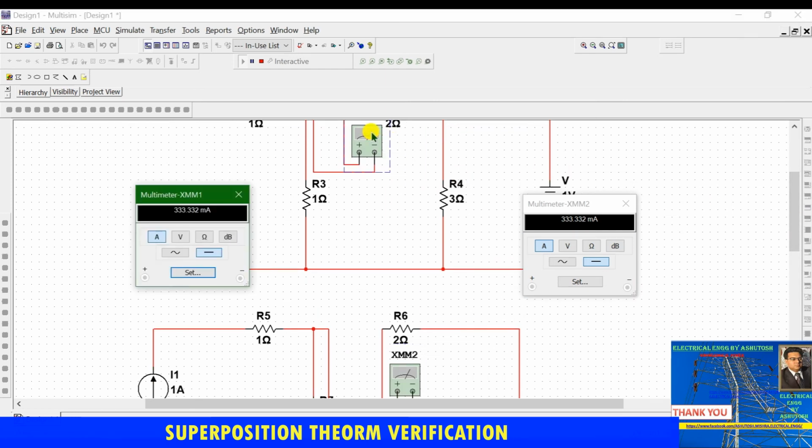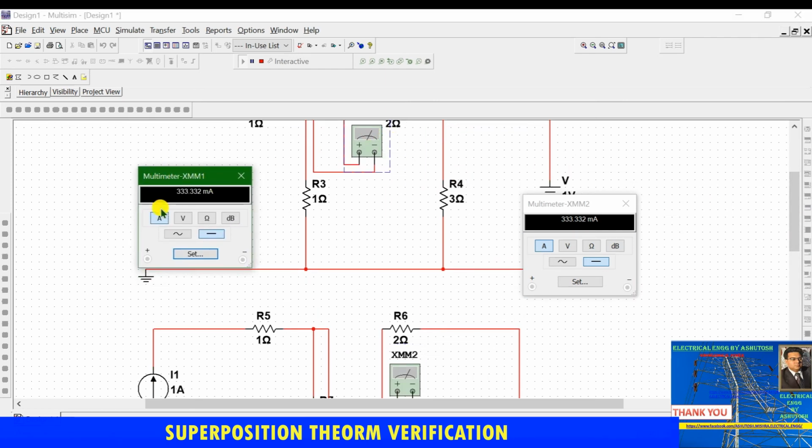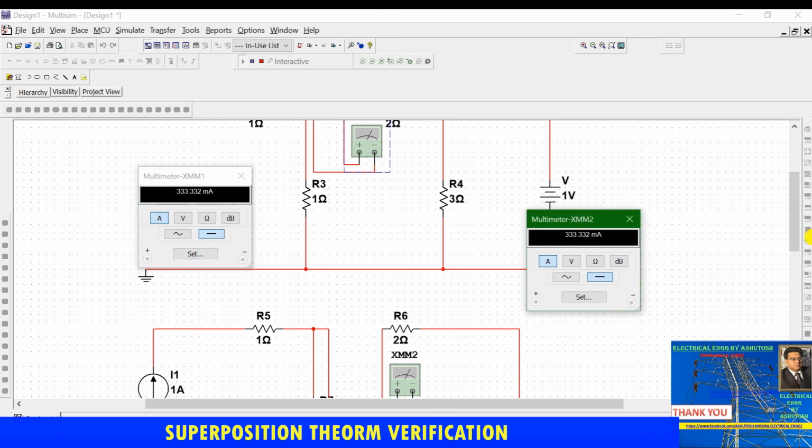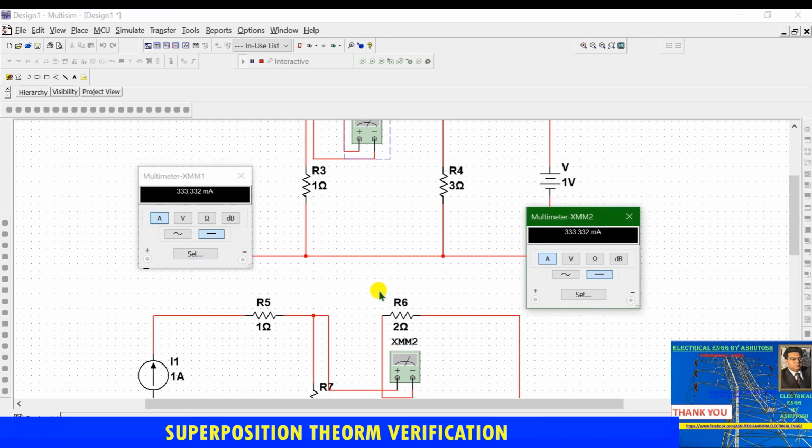You can also see this one is the first ammeter reading, 333.332 milliampere of current due to this 1 volt source, and in the second ammeter you can see 333.332 milliampere due to this 1 ampere current source.